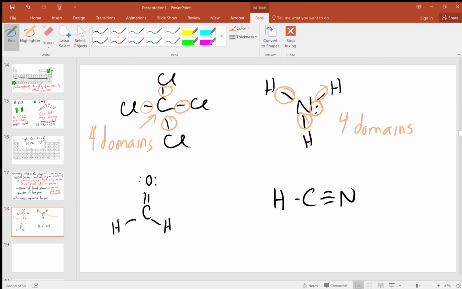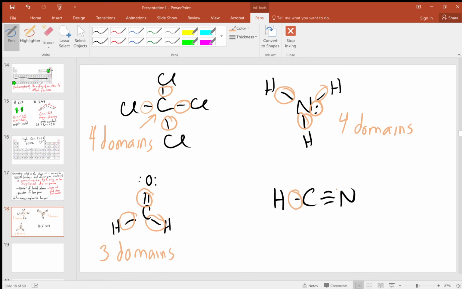For formaldehyde, the carbon has one bond here, a second bond here, and a double bond. So how many electron domains is that? Well, it's only bonded to three atoms. Even though one of them is a double bond, that's still three domains. Same type of situation in hydrogen cyanide.